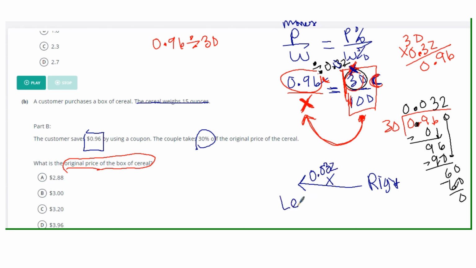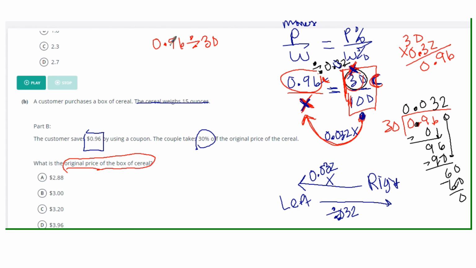Going from the left to the right, I need to divide by 32 thousandths. So you have to know which direction you're going. I'm going from right, trying to figure out this number on the left. So I'm going to start here, and I'm going to multiply by 32 thousandths.